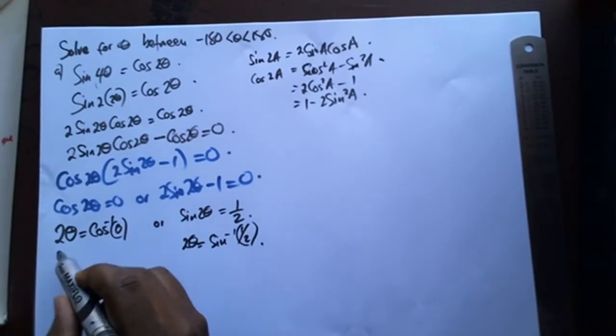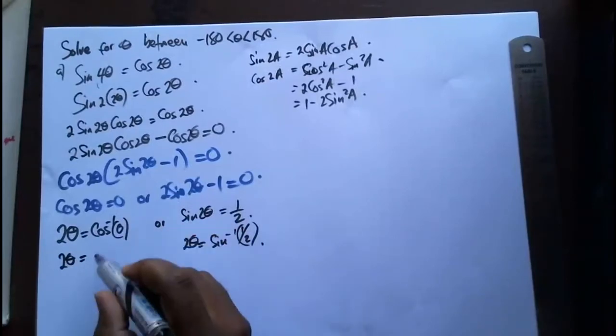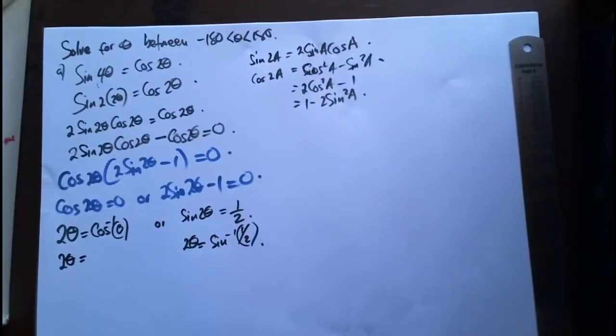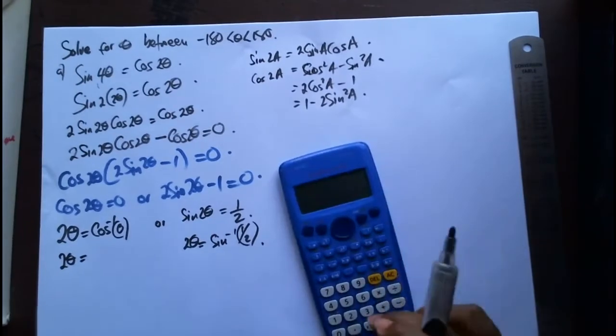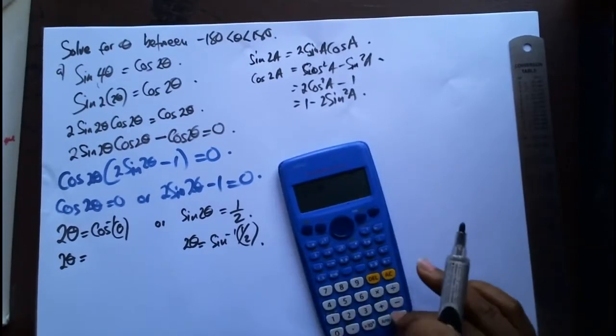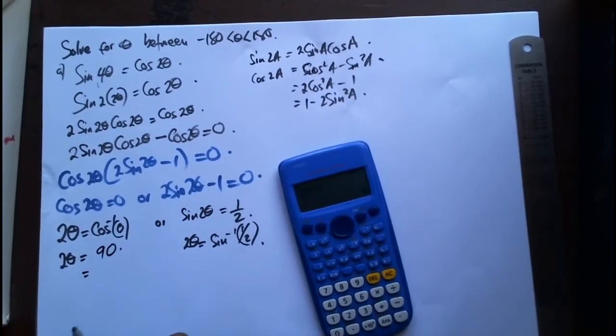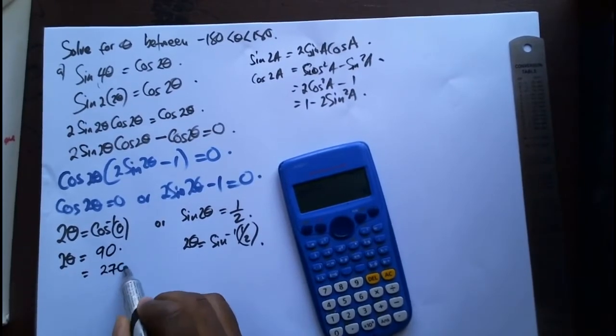So with this case, 2 theta, what gives us 0? It's shift cos 0. You can first find the principal value using your calculator, or if you know. So shift cos 0 is 90 degrees. And we also have 270.